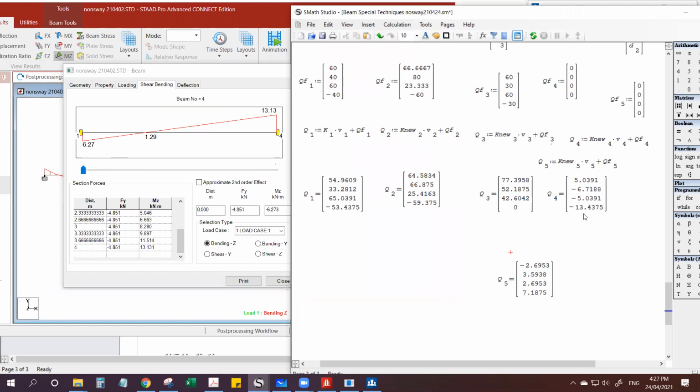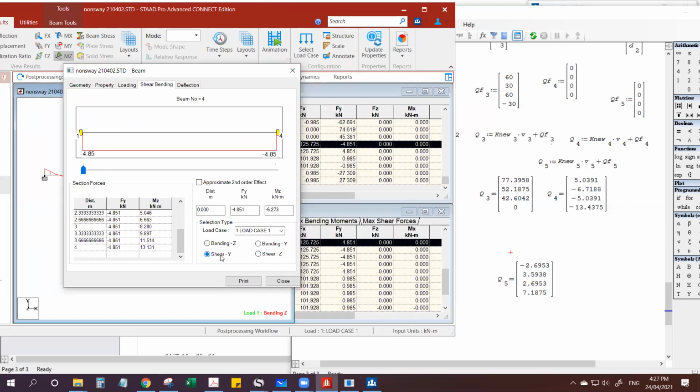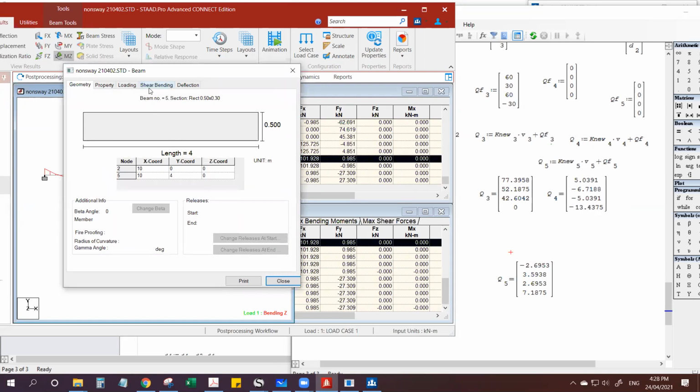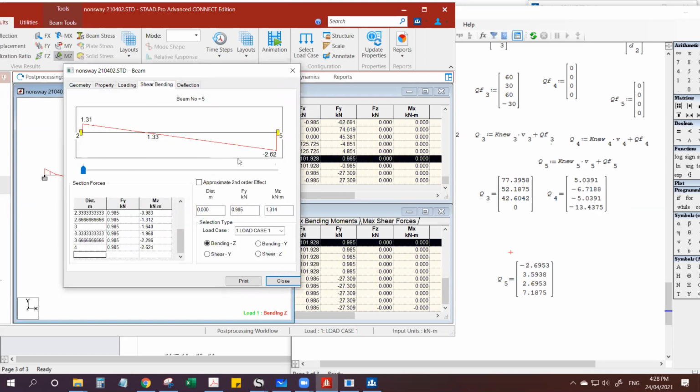They are the same in terms of the column. And then shear, 5. I have here 5 and 5. Almost the same. And the last one for the column here, shear bending 1.3 and 2.62. I have here bending 3 and 7. But for the shear, almost 1. Almost 1.